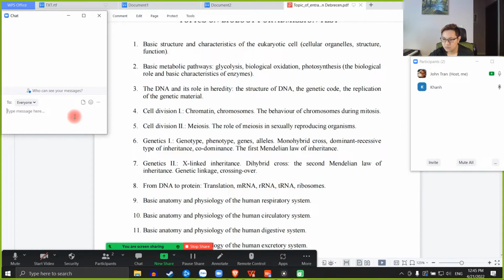It's the recessive gene on the X chromosome. So if the mother is color blind, it's 100% sure that all her boys are also color blind as well.